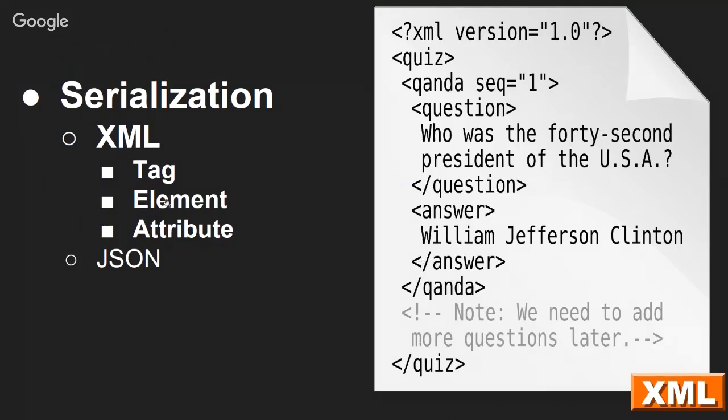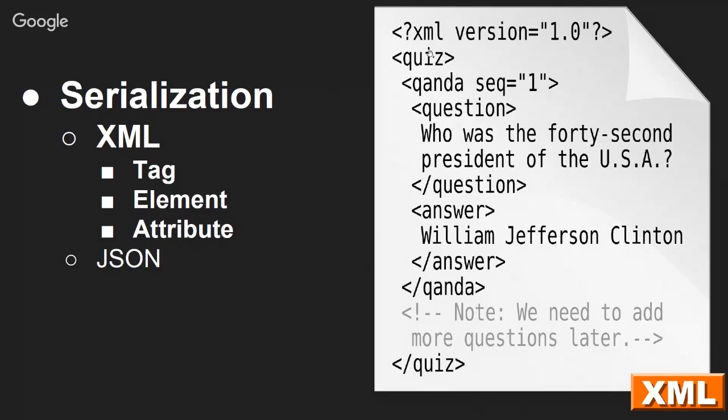And well, there are elements. For example, this tag is an element, the root element, because it's the beginning of the document. This XML version line is just telling data about the document itself. Here is the element quiz that has a child named Kanda.